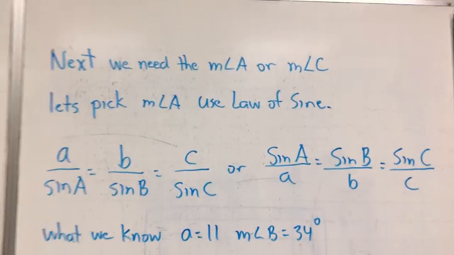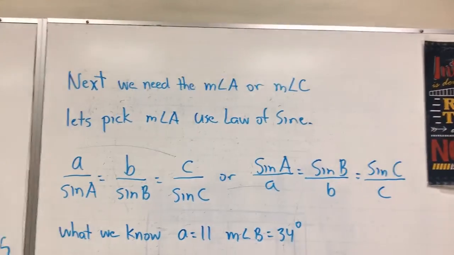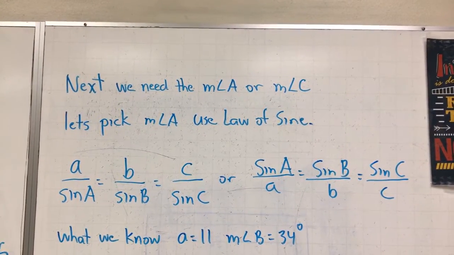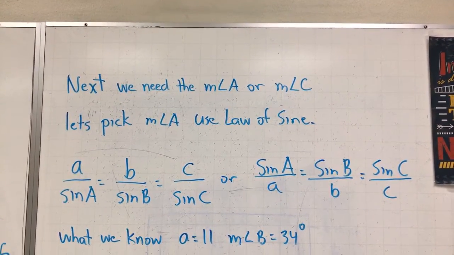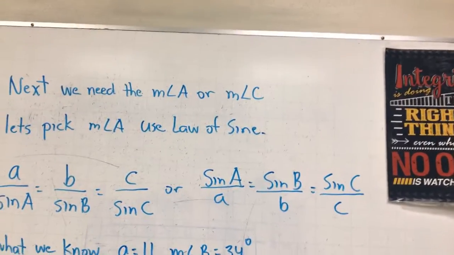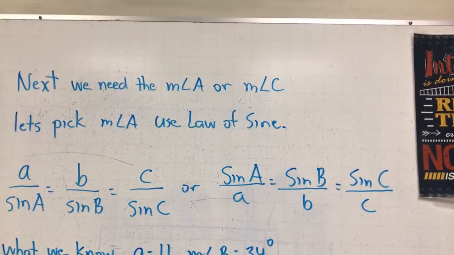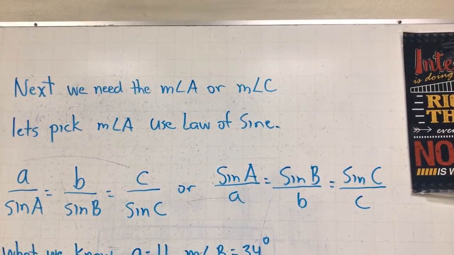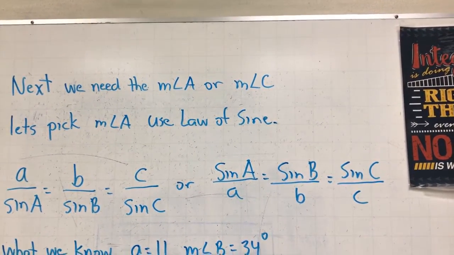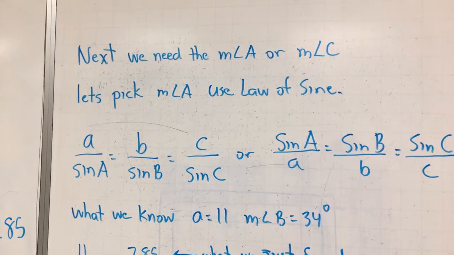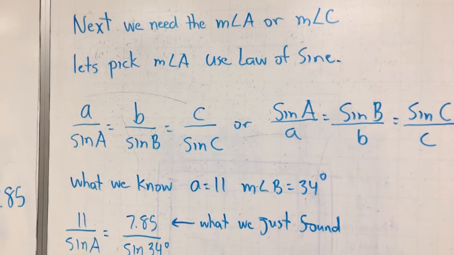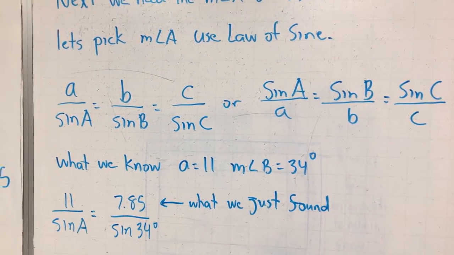Now remember, the law of sines says that the length of A over the sine of angle A is equal to the length of B over the sine of angle B is equal to the length of C over the sine of angle C. Or you can turn all that upside down and say that the sine of angle A over A is equal to the sine of angle B over B is equal to the sine of angle C over C. So what do we know? A is equal to 11. The measure of angle B is equal to 34 degrees. 11 over sine A is equal to 7.85 over sine 34. We just found that.